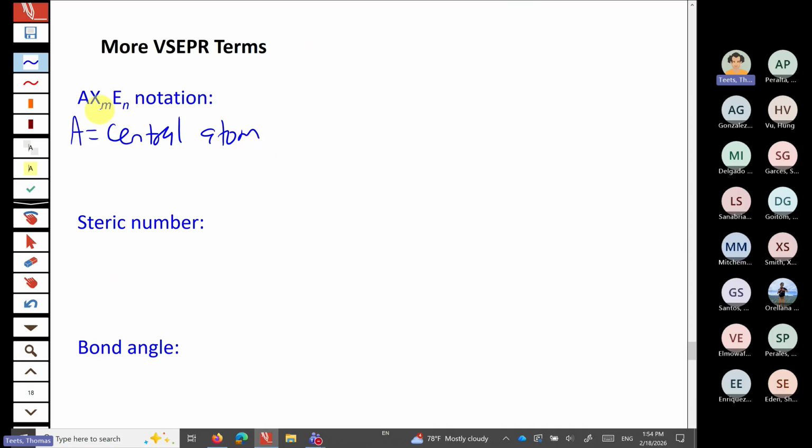The important parts are what X and E refer to. In this formula notation, X is an atom that's bonded to the center atom. It's however many outer atoms there are, so you can get that from the chemical formula. If you have PCl3, the one we did in class last time, phosphorus is the center atom and there are 3 chlorines around it, so there would be 3 X's in the formula.